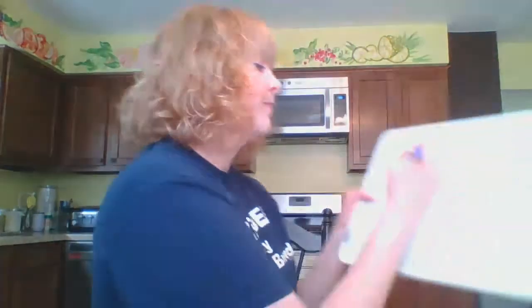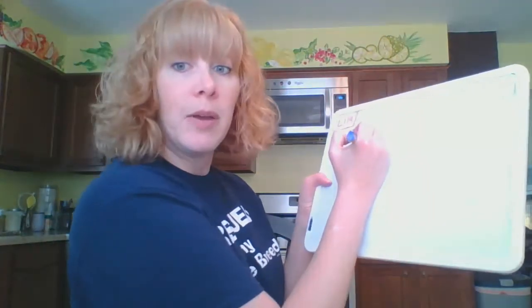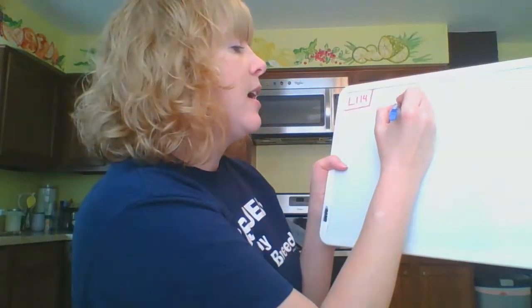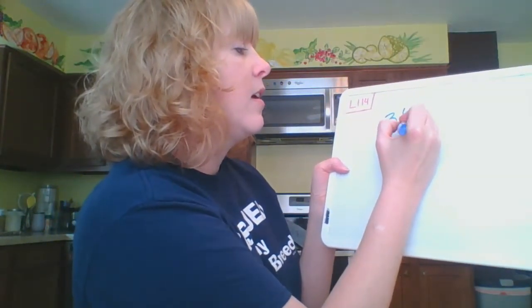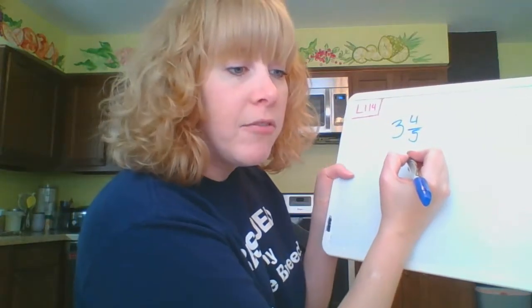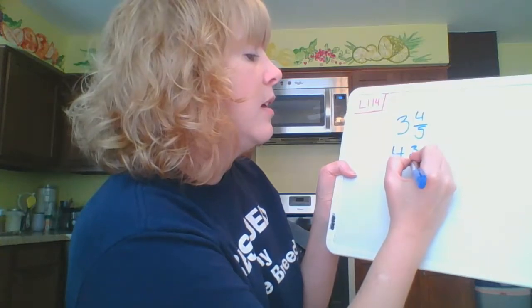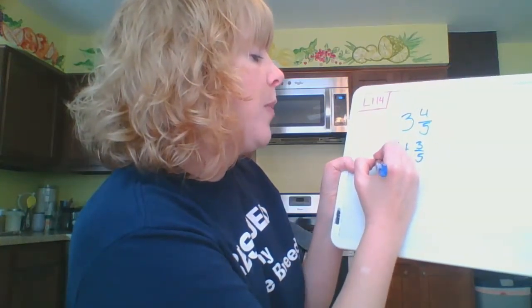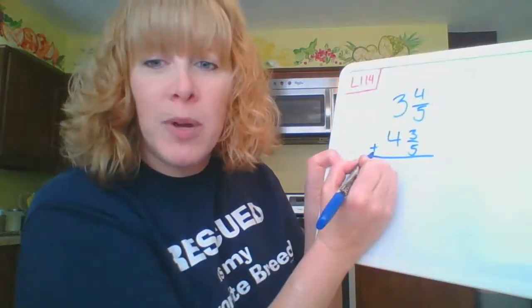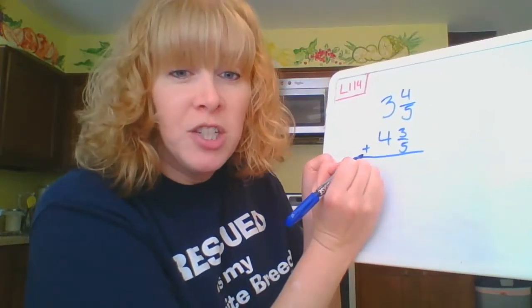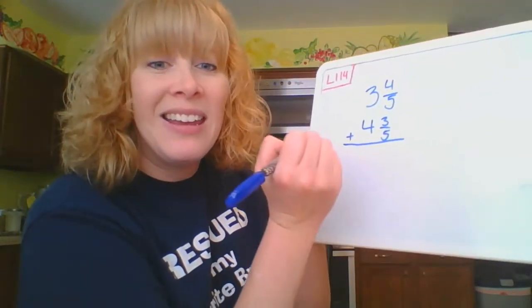So the example that they gave you is 3 4/5 plus 4 3/5. Make sure you pay attention to what operation you're doing, because you have both addition and subtraction problems on this assignment. And if you look at number 1 and 2, those aren't mixed numbers yet.